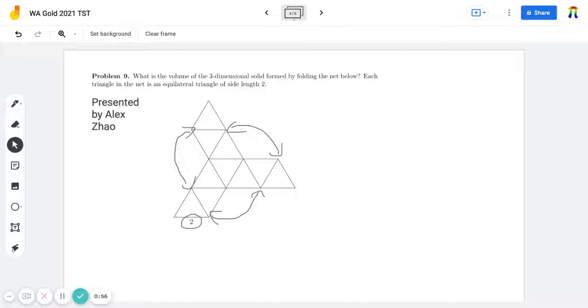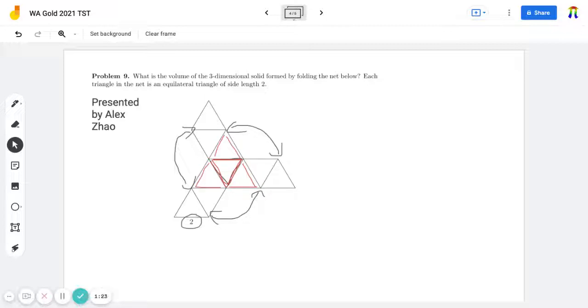So to help me visualize, what I did is I put this triangle here as the base. Maybe I should use red. This triangle is the base here. I set the net flat on the table, well, in my imagination, of course. And this triangle lies flat on the table. And then these triangles on the edges fold up into the air.